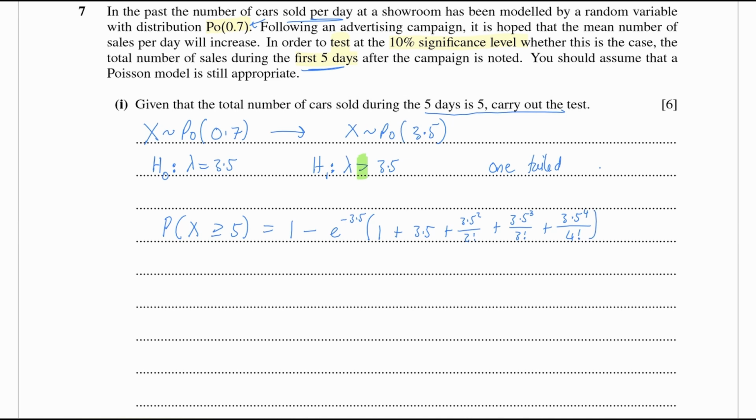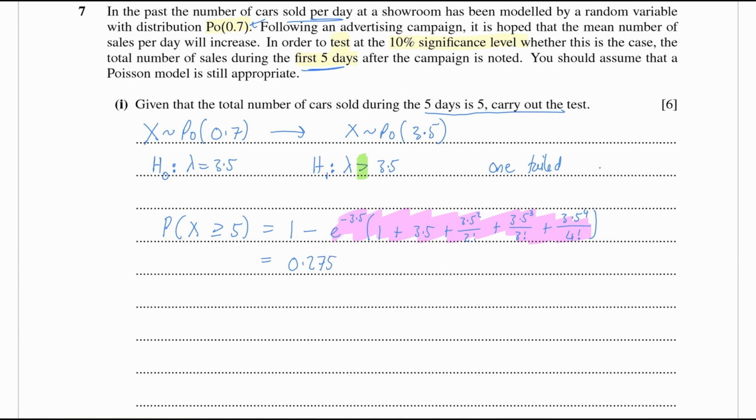Right. Then we chuck this into our calculator. So in effect, what we're doing is we're finding out the probability of 0, 1, 2, 3, or 4 cars being sold. And then we're subtracting that from 1 to find out what's the probability of more than that being sold. Now, when you do this, I was getting 0.275.